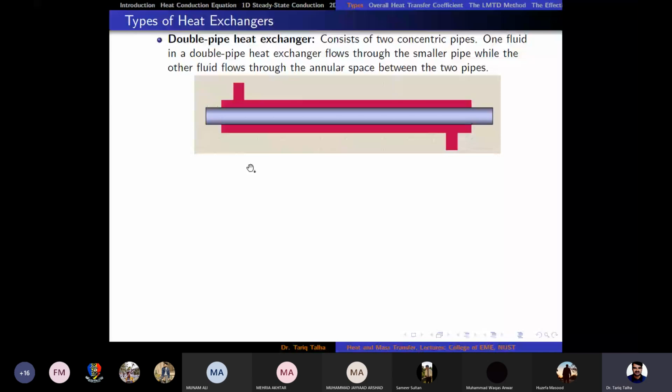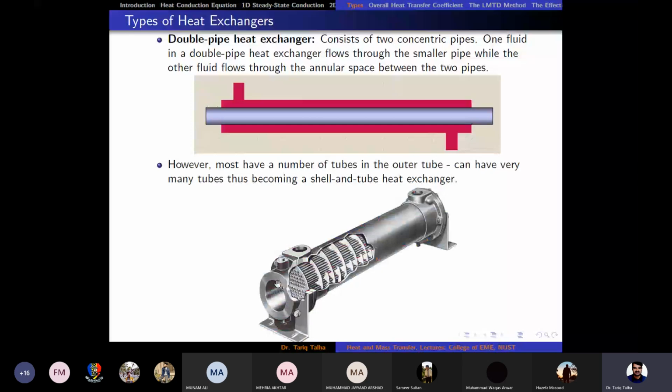Let me show you the practical way in which these smaller pipes are arranged. Now you can see a bigger shell outside, and a number of tubes within it. So we usually call them shell and tube heat exchangers.